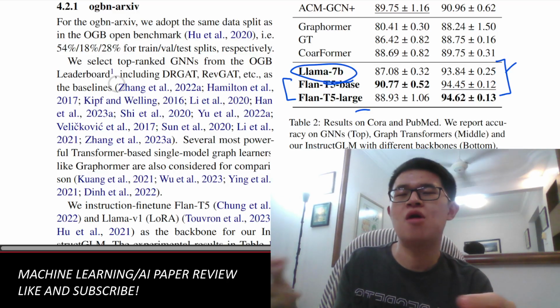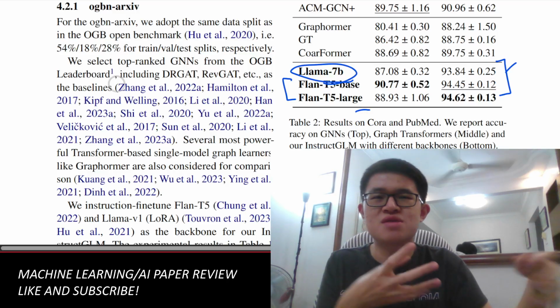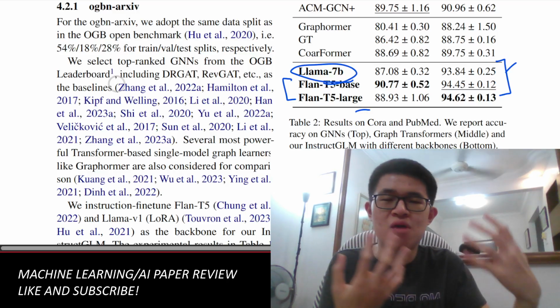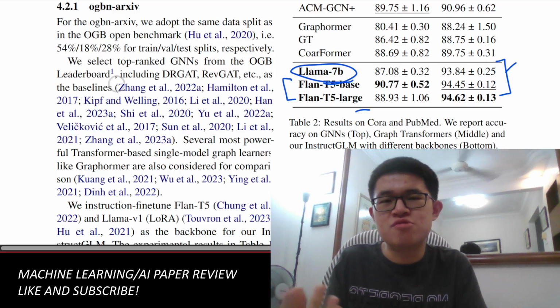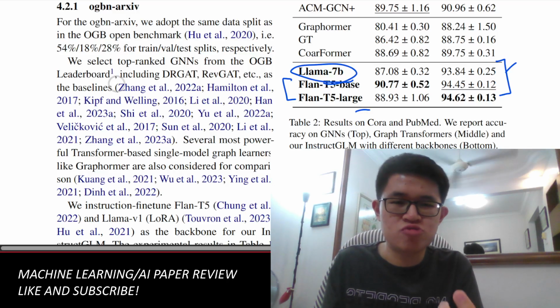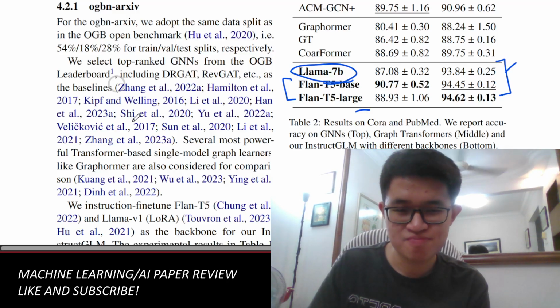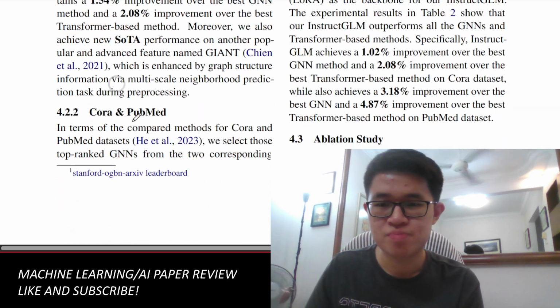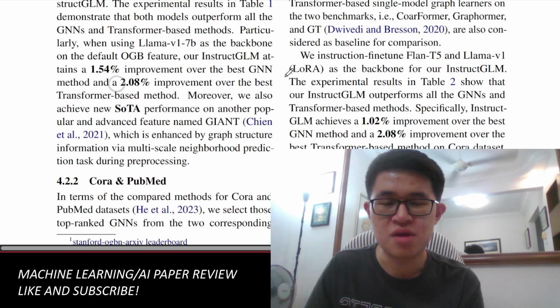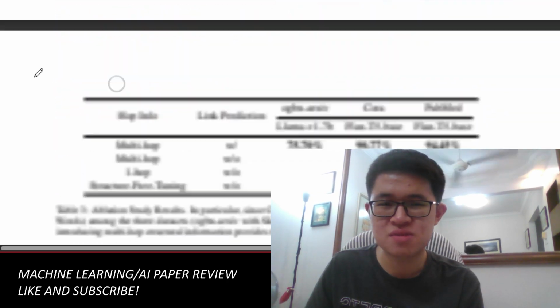Obviously, if we scale it up to 7 billion, the language models are going to outperform the GNNs, because the GNNs will be over smoothing in that range of parameters. And you use low-rank adaptation for the fine-tuning process.